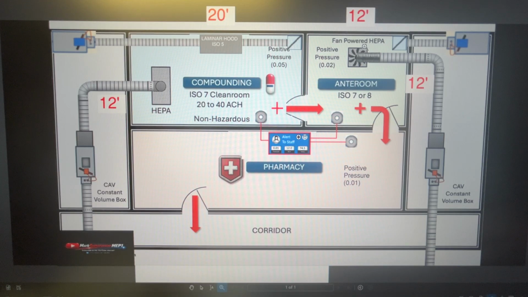And the ante room follows criteria for ISO 8, which is a little bit less than your clean room. So probably about 20 air changes per hour in this room. So that positive pressure of this room will be slightly less than this. We don't want what's in the ante room going this direction. We want all the flow to be going clean room, ante room, and into the pharmacy and back into the corridor. You don't want any backflow of air.